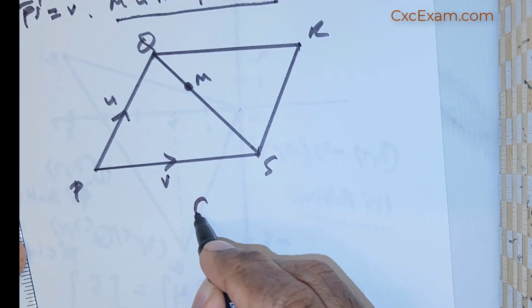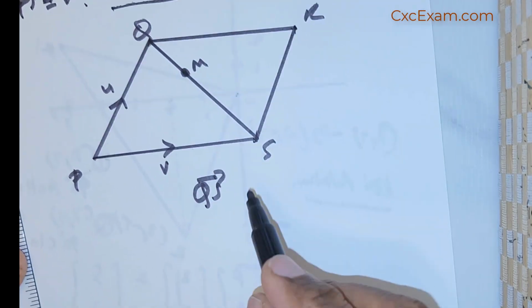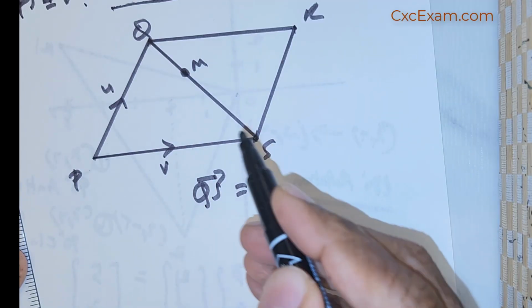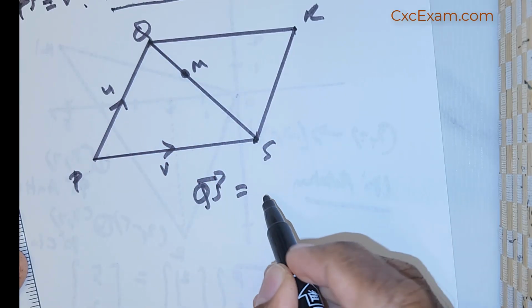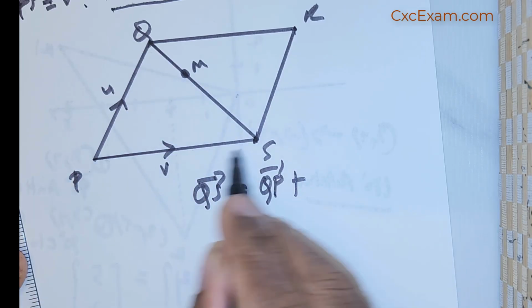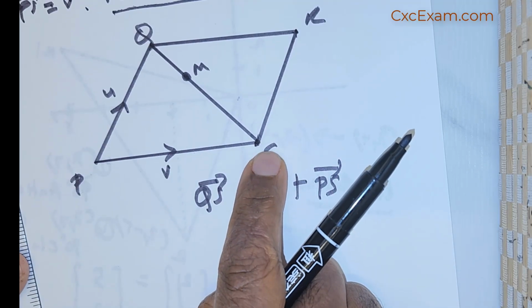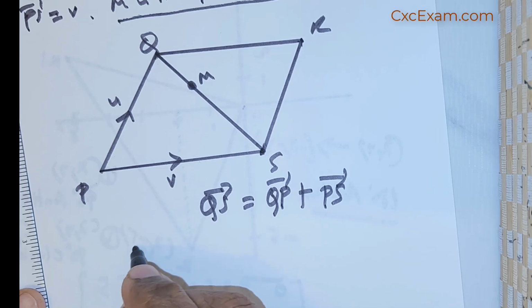Now we have to write what is QS vector. Now we go to QS or to this particular point using this path. Okay, so this is going to be QP vector added with PS vector. So our objective is to start from Q and reach S. So this is what we have got.